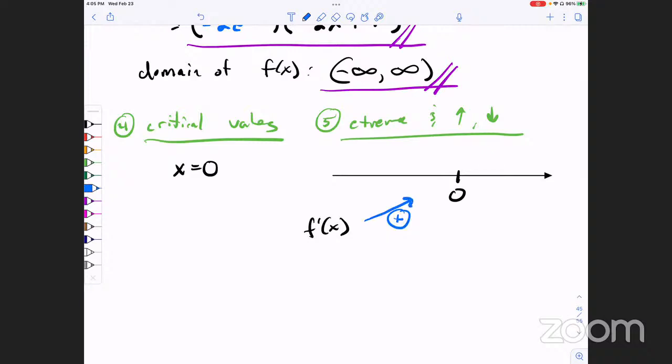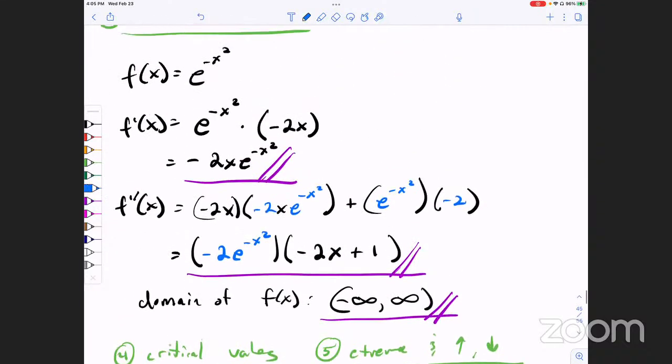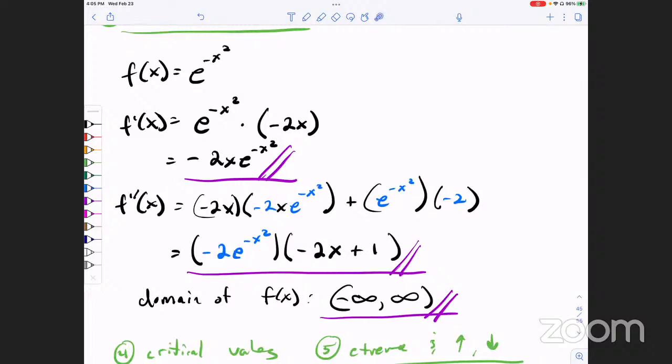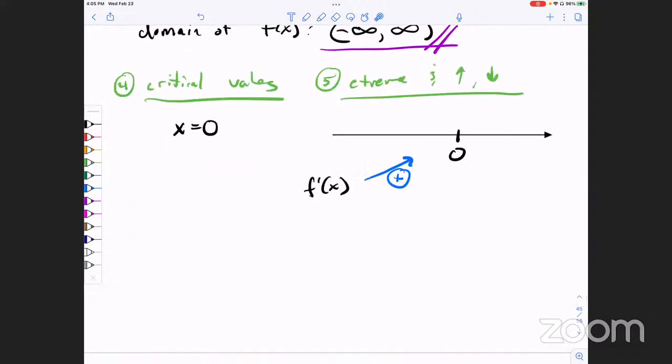Let's check on the right-hand side of 0. Okay. So if we test +1 in the first derivative, we'll get e to the -1. So this is positive times a negative, which is ultimately going to be negative. So we got that this is negative, which means our original function is decreasing on this interval.